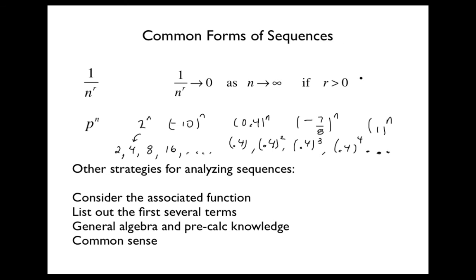Negative 7/8. Convergent? So you're taking 7/8 of what you had before, but it's going to alternate negative, positive, negative, positive. Convergent? So this is the example that Jacob brought up, the alternating one. Can it converge if it's alternating between negative and positive? Yes, as long as it's getting closer and closer to a particular value. That's what happens here.